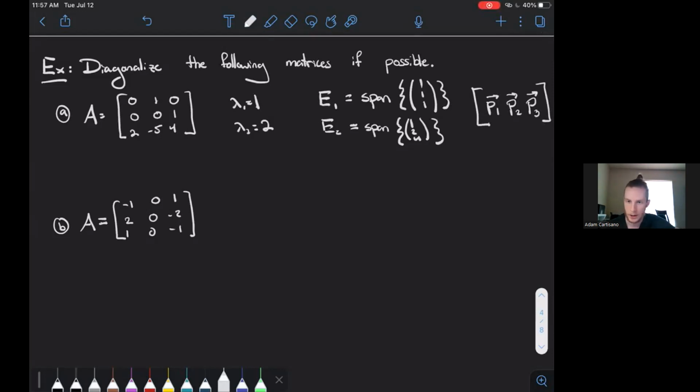P3 will be a scalar multiple of either P1 or P2. That is our problem, which means that we don't have three linearly independent eigenvectors, which means that A is not diagonalizable. That's by just applying the previous theorem.